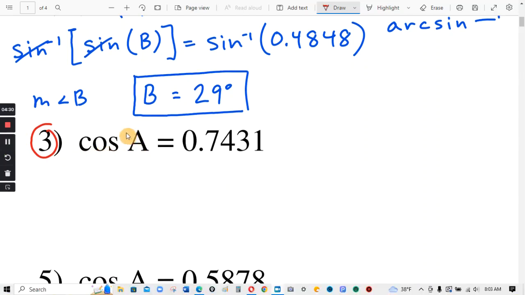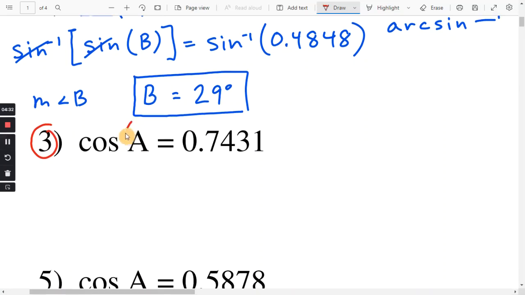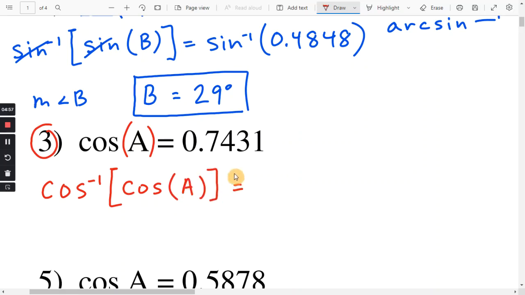All right, we have cosine of an angle A. In order to get rid of cosine, we're going to do the inverse cosine on each side. So instead of inverse sine, it's inverse cosine of the cosine of A, and that's going to be the inverse cosine of 0.7431.